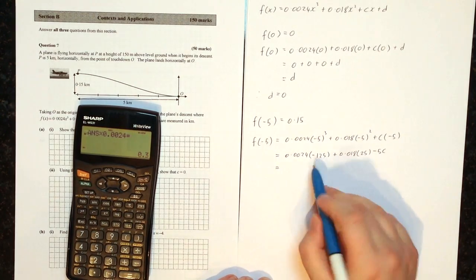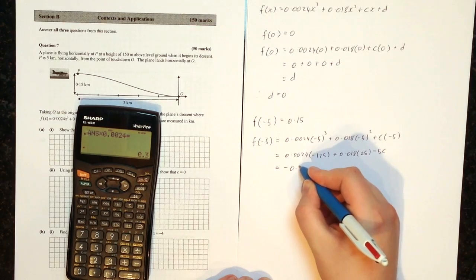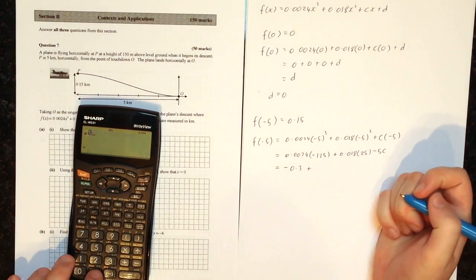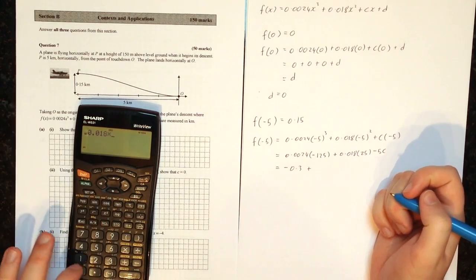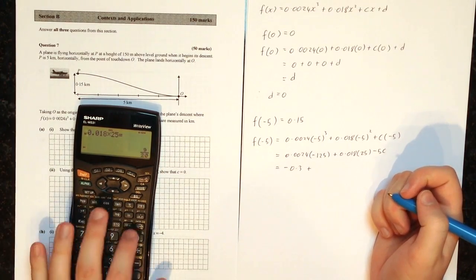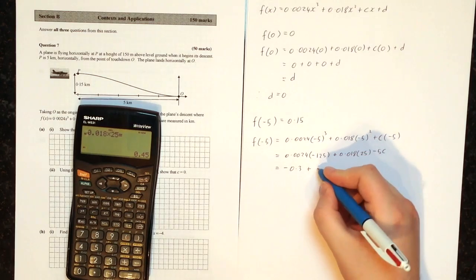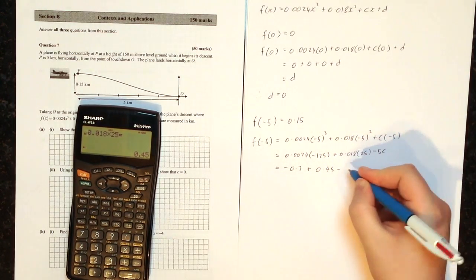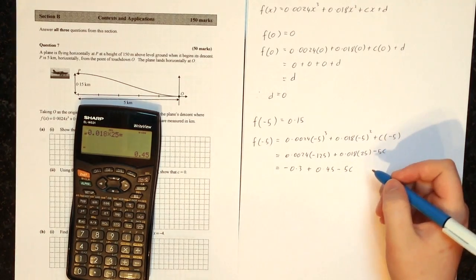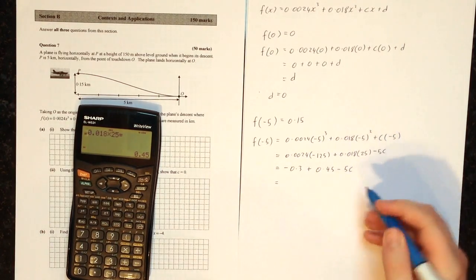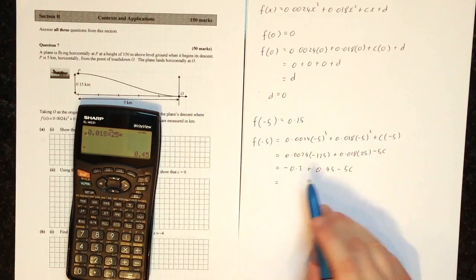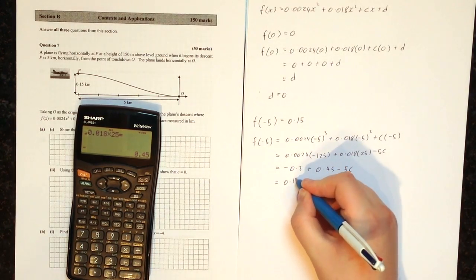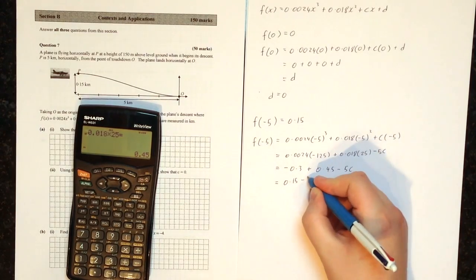So this will be minus 0.3 plus 0.018 multiplied by 25, which is 0.45, minus 5c. So this will be equal to 0.45 minus 0.3 is 0.15 minus 5c.